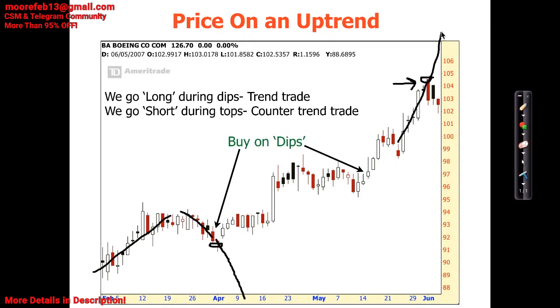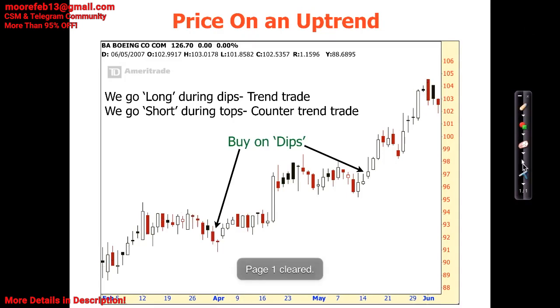So right now we're going to look at, very quickly, a quick word on moving averages. Once again, we either buy the dip or we short the top of the uptrend. What's important is that when the price retraces on a dip, it has to hit a level of support. The support level could be a trend line, which you're going to learn in a short while, or it could be a moving average.